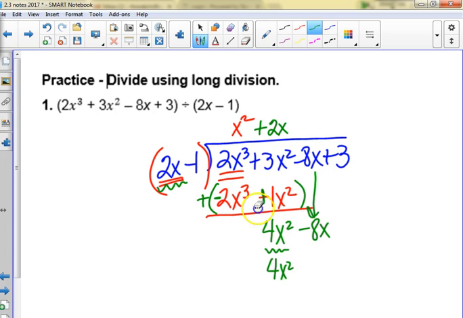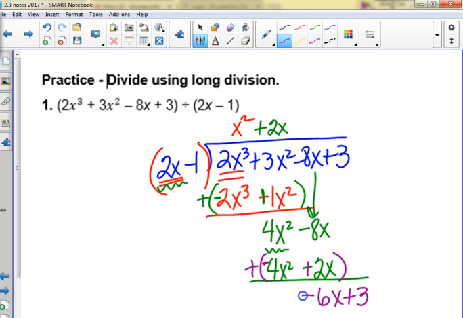2x times this -1 back here is -2x. You don't know what's going to happen back here. It may drop out, it may not, okay? You only focus on the first term. Then we are subtracting or adding the opposite. So the x squared should drop out. I have -6x plus 3.